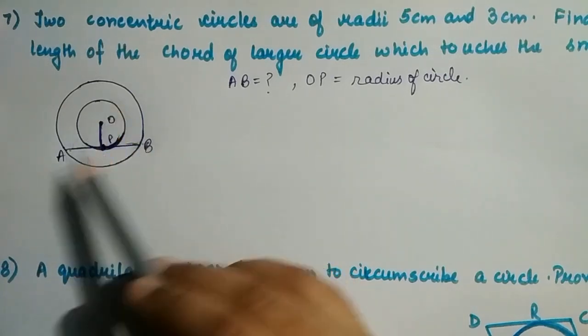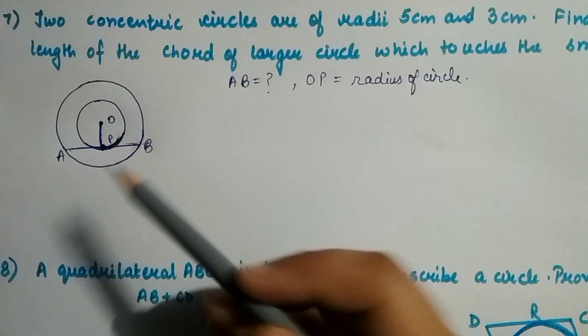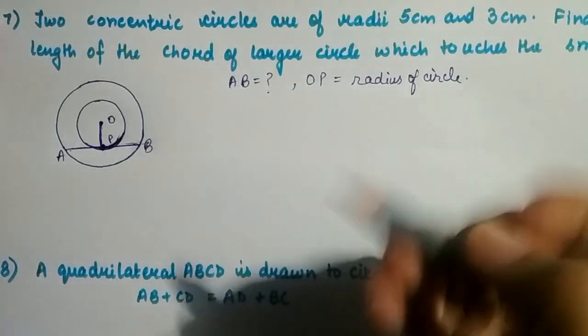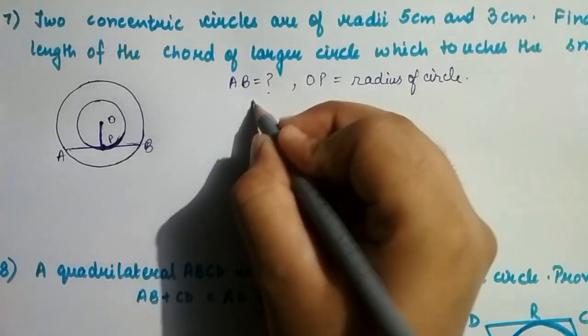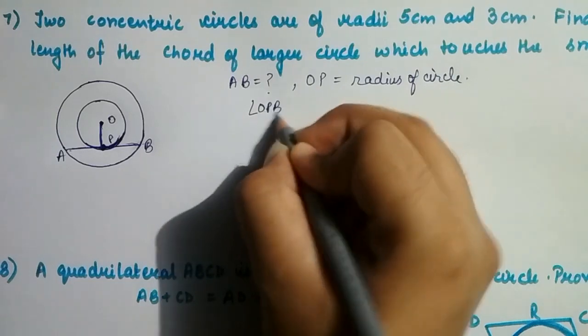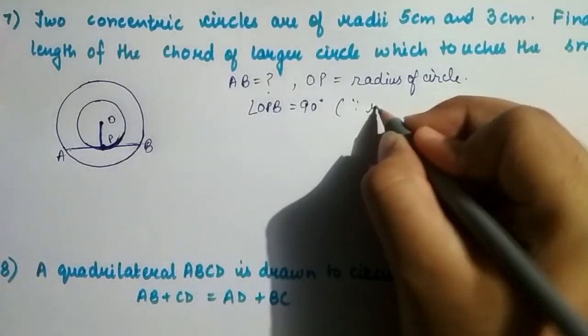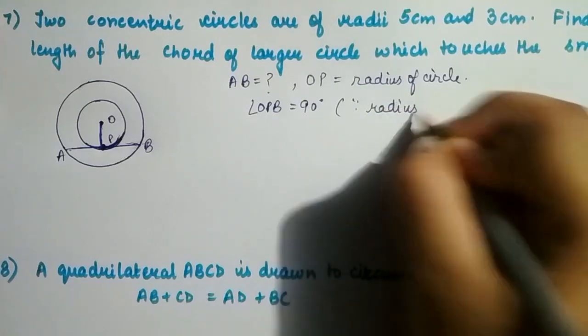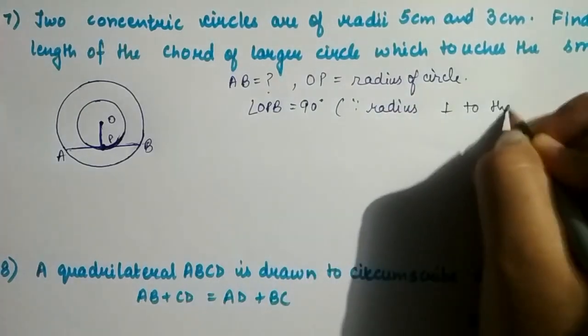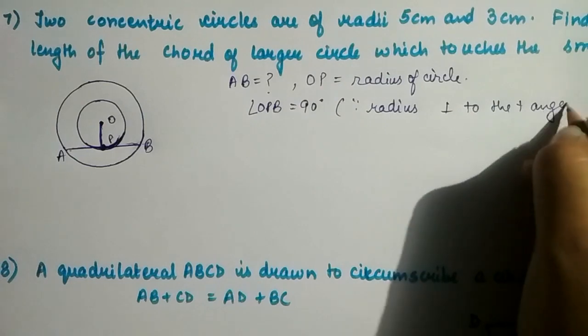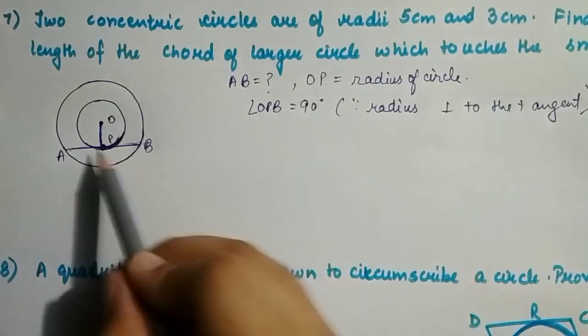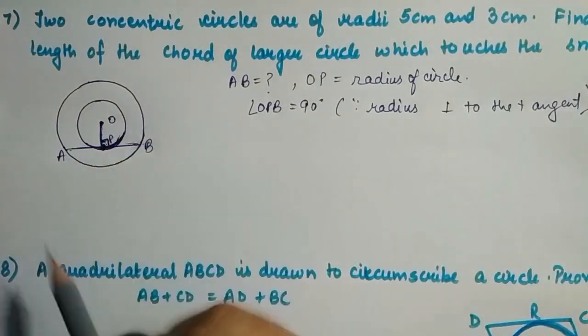The radius is always perpendicular to the tangent. This is known to you. Therefore angle OPB is equal to 90 degrees because the radius is always perpendicular to the tangent. So this angle would be 90 degrees.